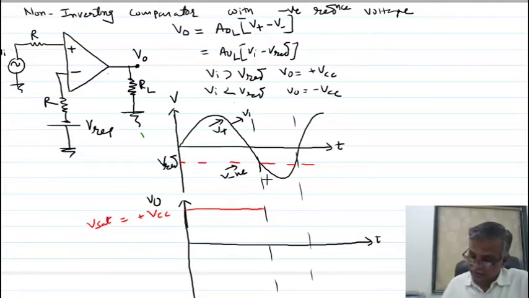Now see, at this point, up to this point, your Vi is less than the reference, so my output is negative.